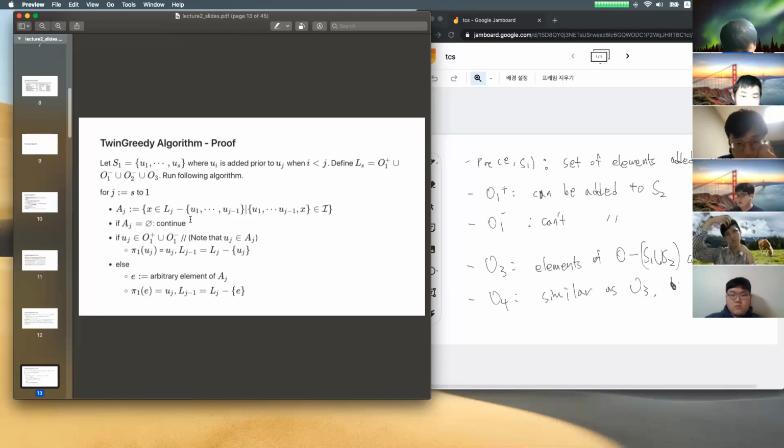LS, and we will run this algorithm. For J from S to 1, in decreasing order, first we define a set AJ.